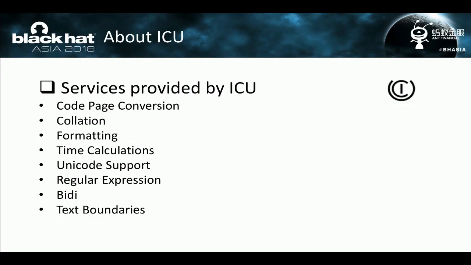The third one is formatting. It's for formatting numbers, dates, times, and currencies according to the conventions of the chosen locale. And there are time calculation, Unicode support, regular expression, BiDi, and text boundaries services.